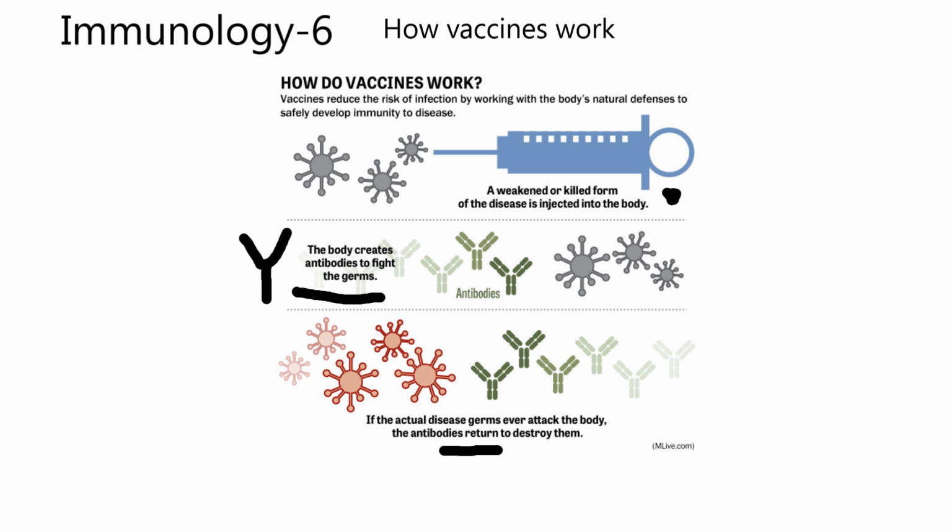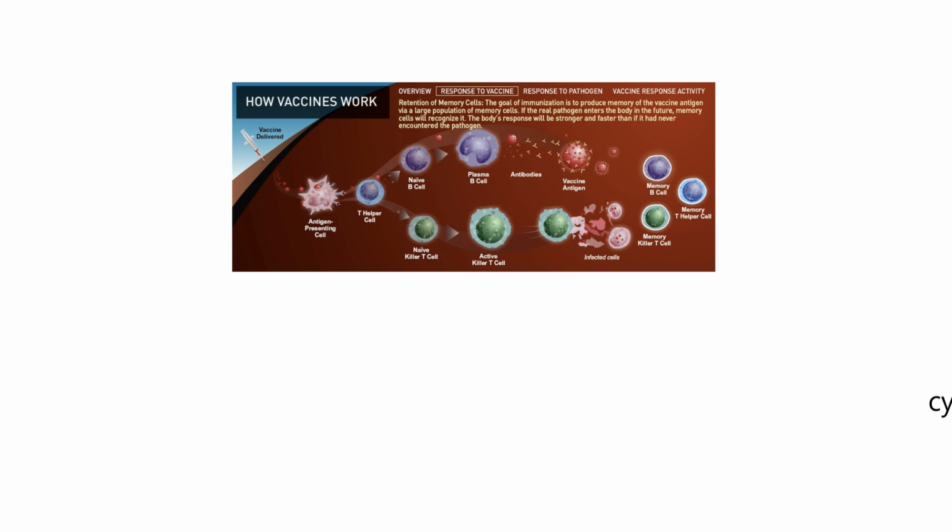I don't like that term return because they're in the blood already, and then there's memory cells that can make more. So the return word there bothers me a little bit. But everybody explains it differently.